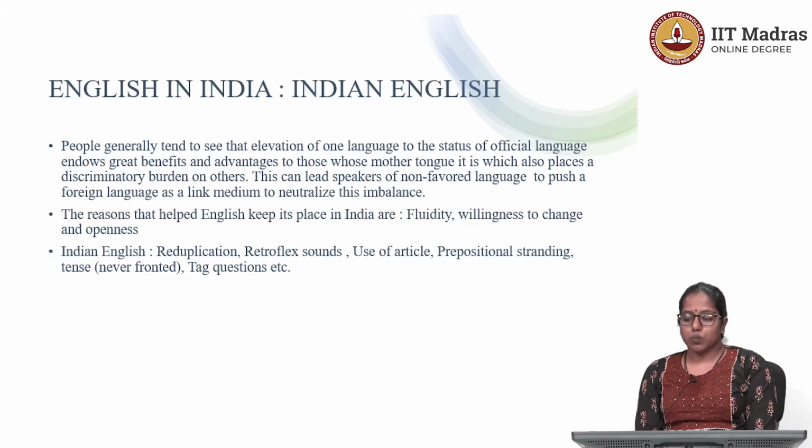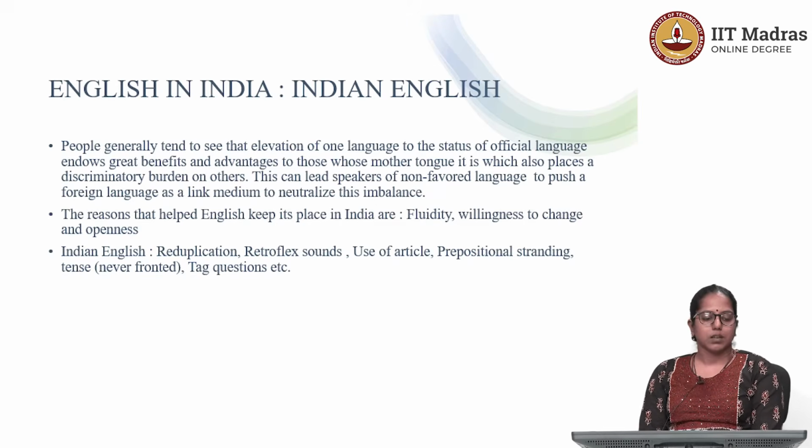So the question is, why do we have English as the associate official language, and why has English flourished in Indian society when compared to so many other regional Indian languages? Well, the reason is, people generally tend to see that elevation of one language to the status of official language endows great benefits and advantages to those whose mother tongue it is, which means it also places a discriminatory burden on others.